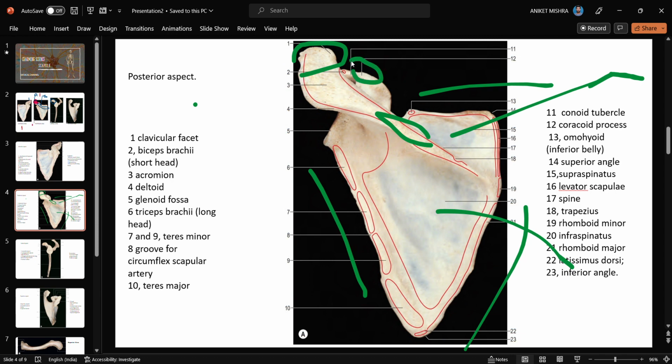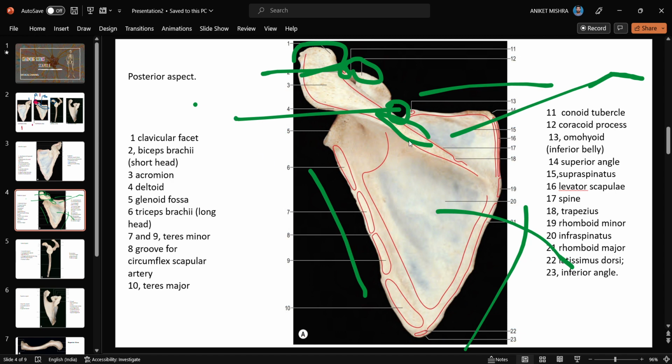You can see the coracoid process as well, but not completely. There is a facet for the clavicle. There is one notch. This notch is known as the suprascapular notch.